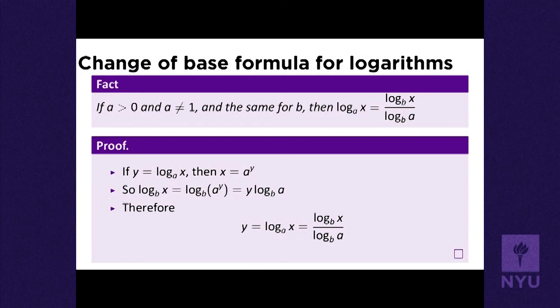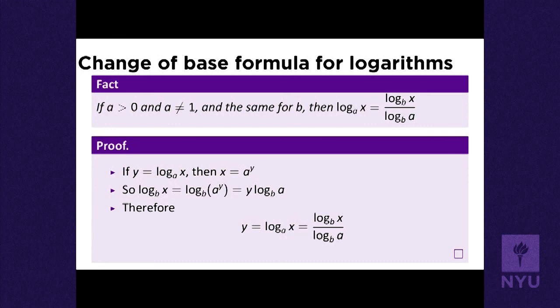And how would you derive such a formula? Well, you can just do it based on the properties of logarithms. If y is log base a of x, that's precisely the same thing as saying x equals a to the y. I'll take that equation and take the logarithm base b of the left-hand side and the right-hand side. Logarithm base b of x is the logarithm base b of a to the y.